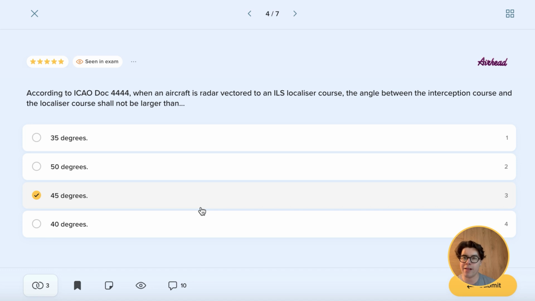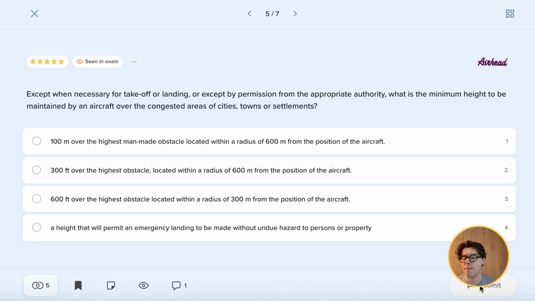So remember, 2 miles for the vectoring, 4 miles for speed control, 45 degrees for a vectoring and interception course, and 30 degrees if it's an independent parallel approach.